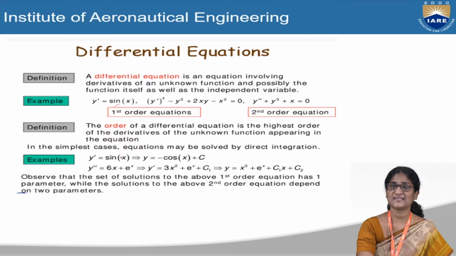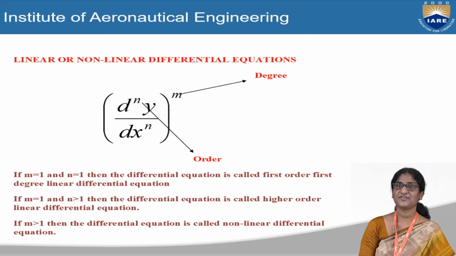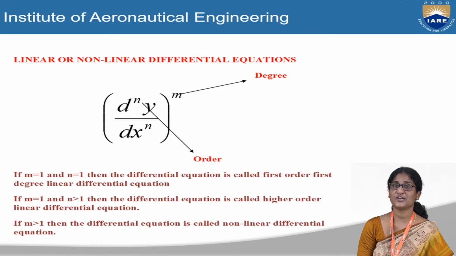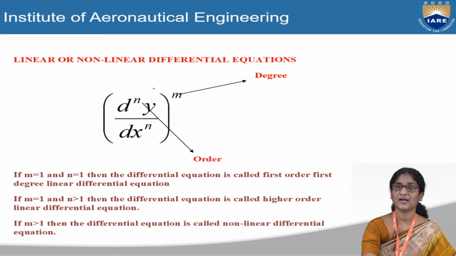In the simplest cases, equations may be solved by direct integration. Now, when is a differential equation said to be linear and when is it said to be non-linear? Most of the terms in the differential equation consist of this derivative. Here the n value will represent the order and the m value will represent the degree.